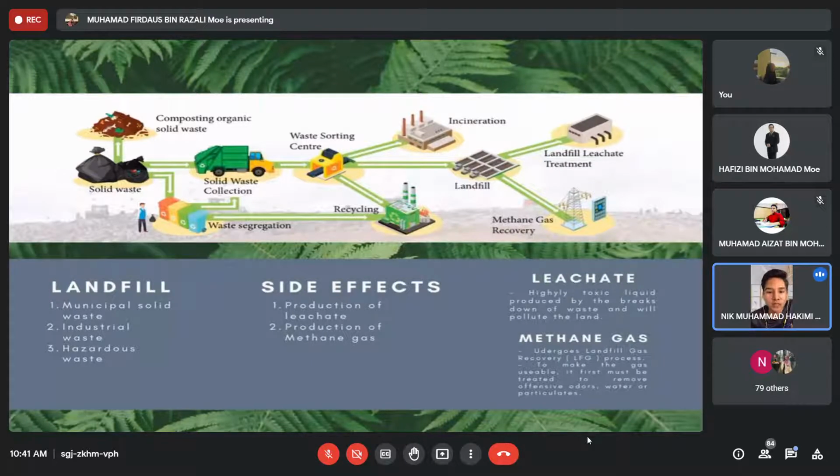And second one is production of methane gas. So as all of you know, methane gas ni pun one of the greenhouse gases, which has a higher potential than carbon dioxide for climate change. So dia lagi bahaya. In the next slide, I will explain to you how we overcome this problem. Macam mana kita overcome masalah producing of leachate and methane gas dekat landfill ni.